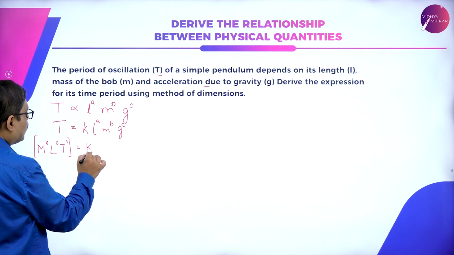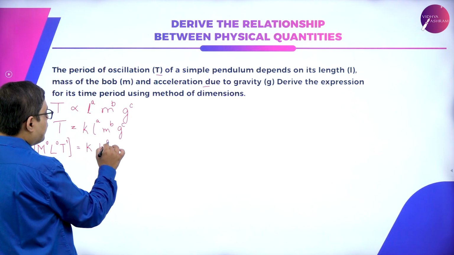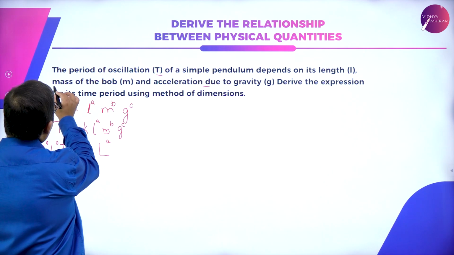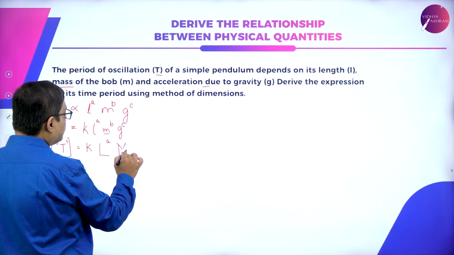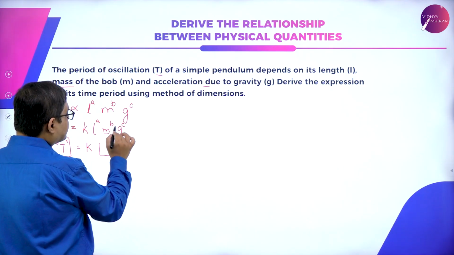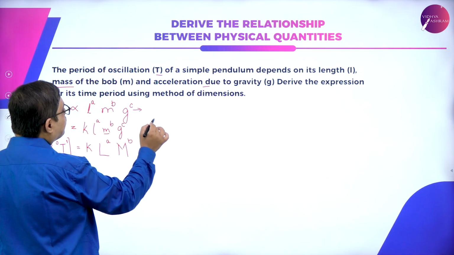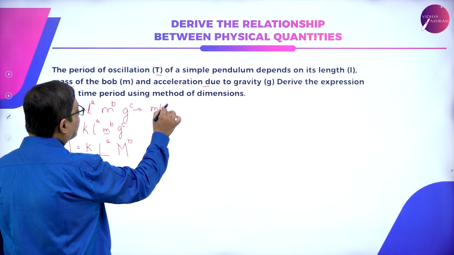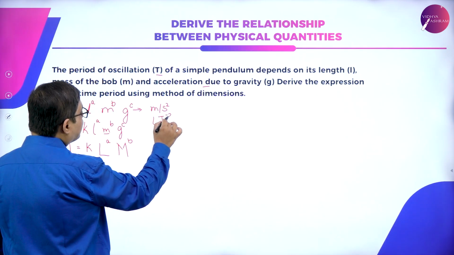This will be equal to K into L is length, so this is L to the power A. M, as you can see here, is the mass of the bob, so this is M to the power B. What is gravity? Acceleration due to gravity is represented by the unit meter per second square. So this is length and time to the power minus 2.